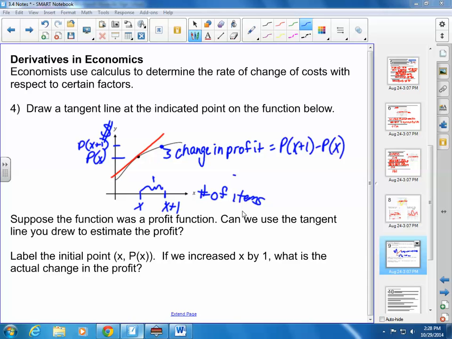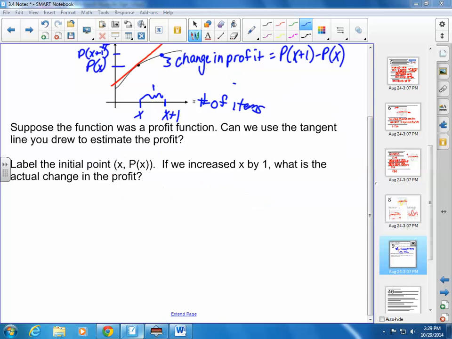If I want to find the slope, as long as I didn't get my points too far apart, then I could look at the slope of that tangent line. Slope of the tangent line is just delta y over delta x. Right? When you find slope, it's delta y over delta x. So if I want the slope of my profit line, remember slope and derivative are the same thing.